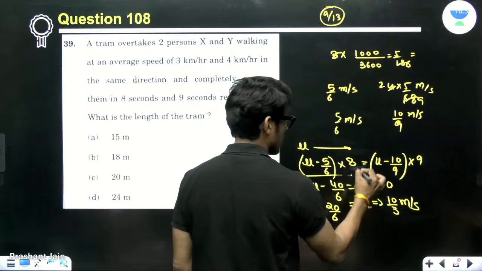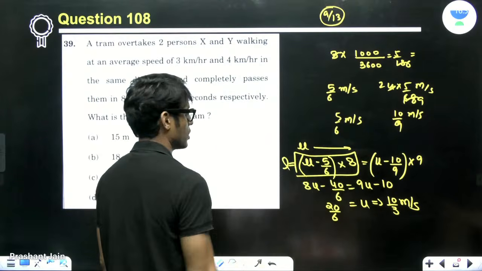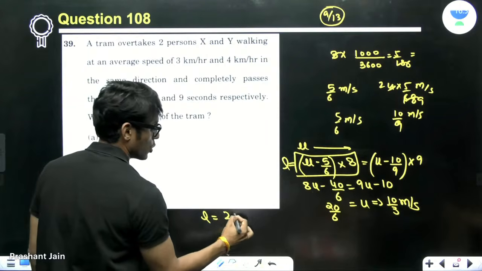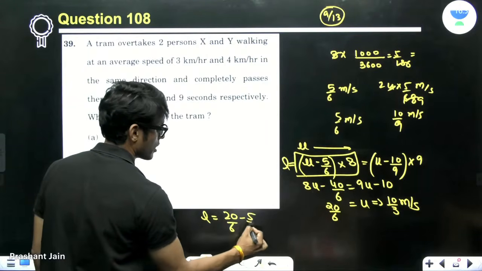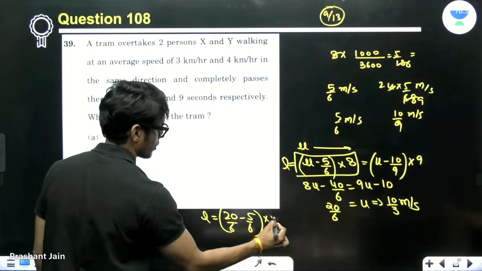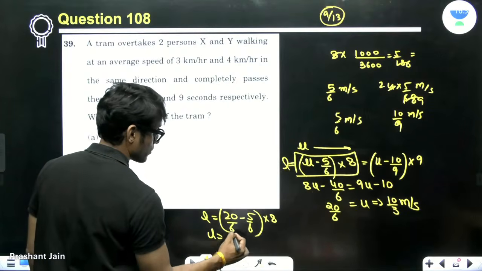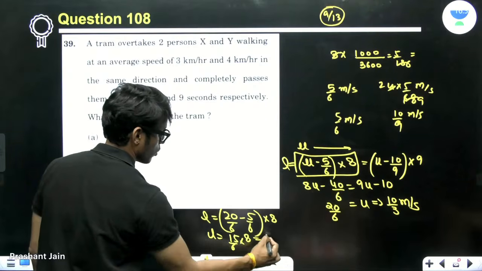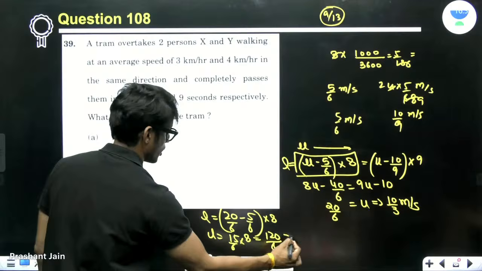And if you see, the length is this only. So length is 20 by 6 minus 5 by 6, into 8. This gives me 15 by 6 into 8, 120 by 6, 20 meters.